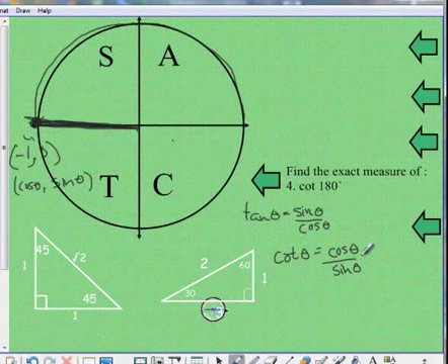Okay, so my angle right here was 180 degrees, so the cosine of 180 degrees is the x value, -1. And the sine of 180 degrees is 0. So -1 over 0 means the cotangent of 180 is not defined. It's undefined because I had a 0 in the denominator.